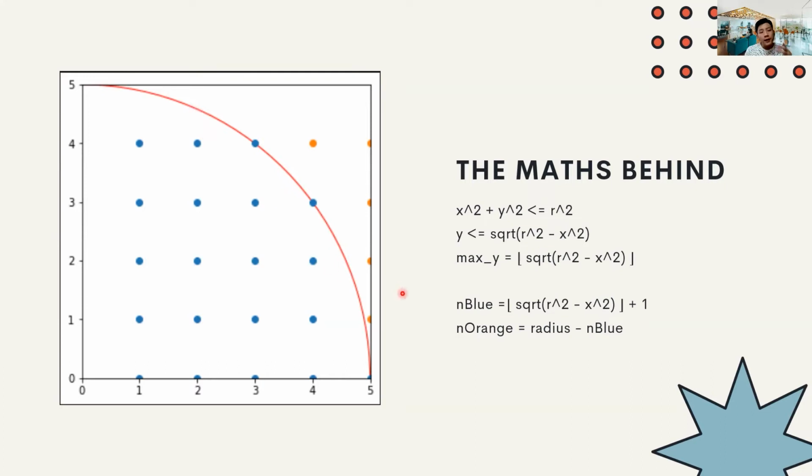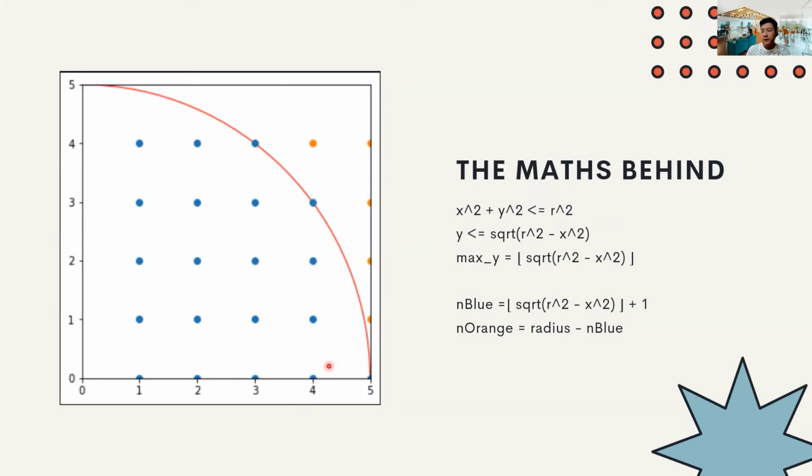So remember that this is only a y value, but we need the count of blue dots, not the y value. So we add 1 to the floor value, which makes sense because the y value is only the distance, but we need the count of blue dots.